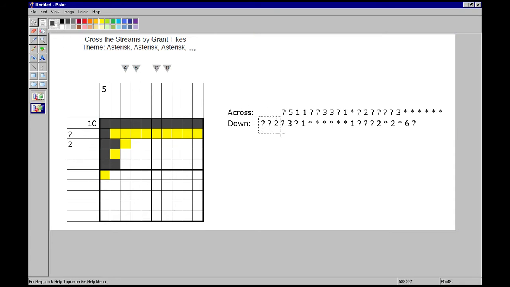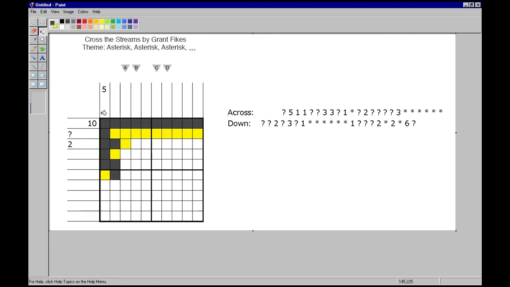Now we look at the down clues. The next 3 clues we have are question mark, and 2. We can't fit all those in the leftmost row, column rather, so some of them will have to go here. We've got 3 groups, so the 2 will have to be one of them. But notice this can't be the 2, this can't be the 2.